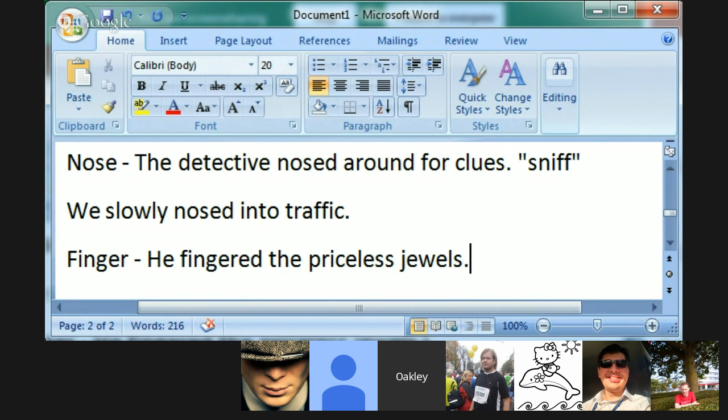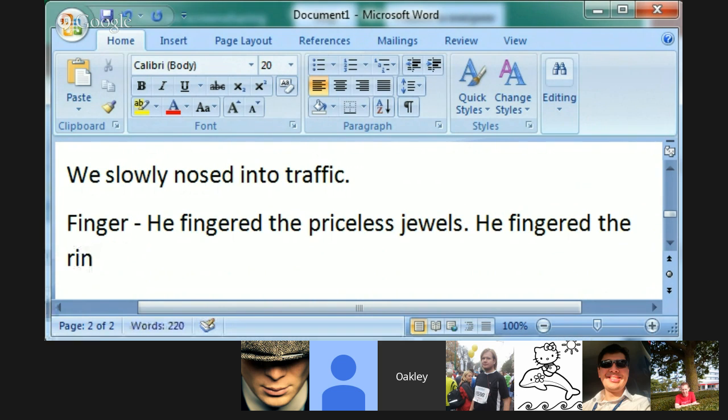Okay, let me give you another. He fingered the ring inside his pocket. Here's an image for you.